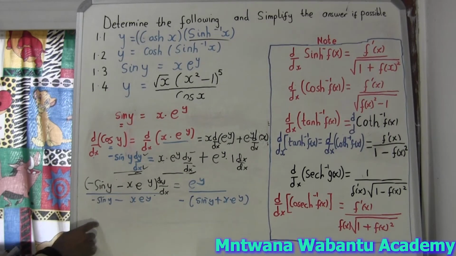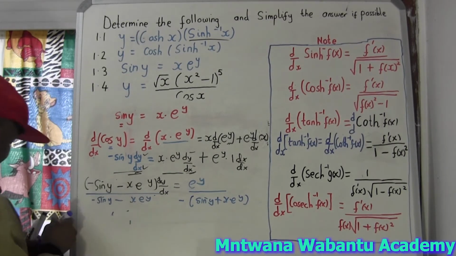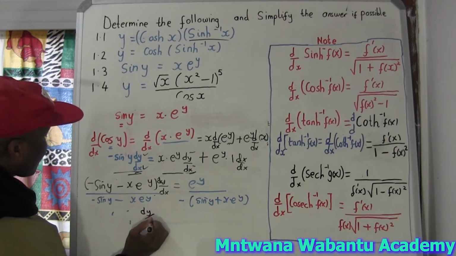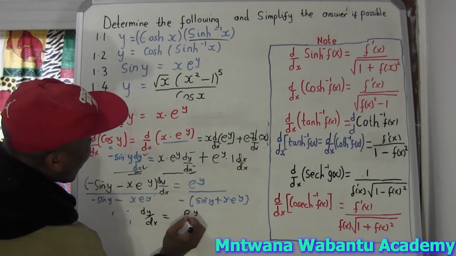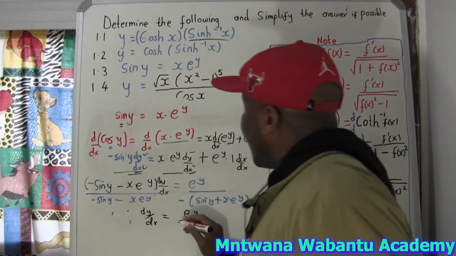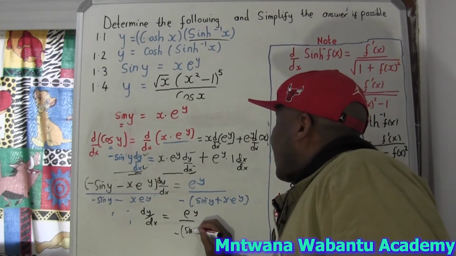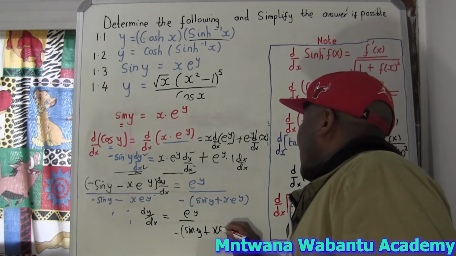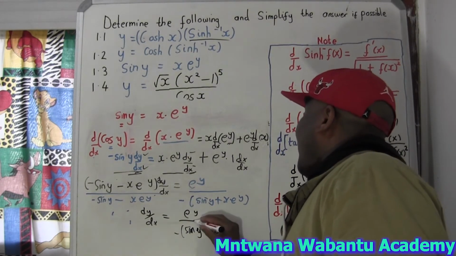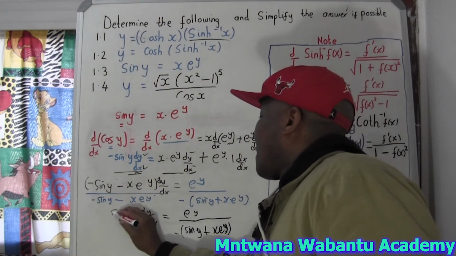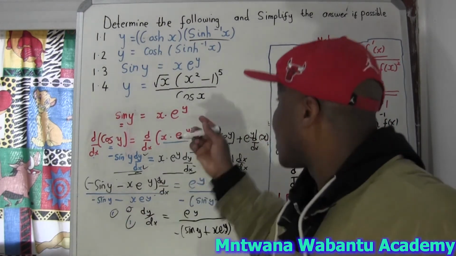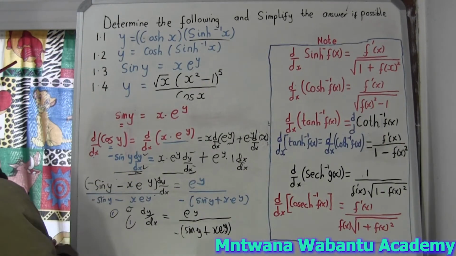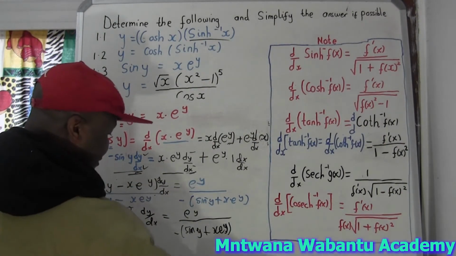And this cancels. So dy/dx equals e^y over negative sine y plus x e^y. Let's go to the next one, the last one actually. So this dy/dx means the first derivative. Let's go for the last one.